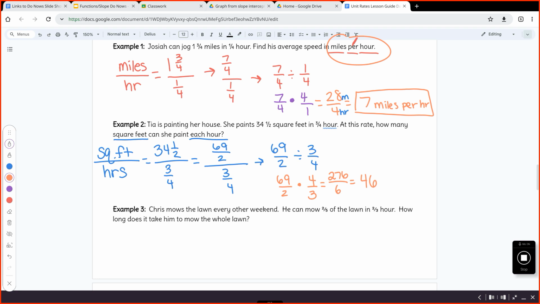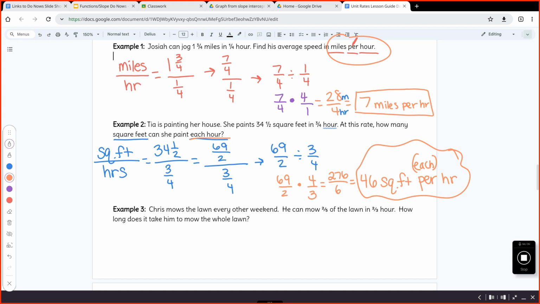And now for your units, it's square feet per hour. Or you can think of it like each, as it's written in the problem. In the problem we were given each hour.